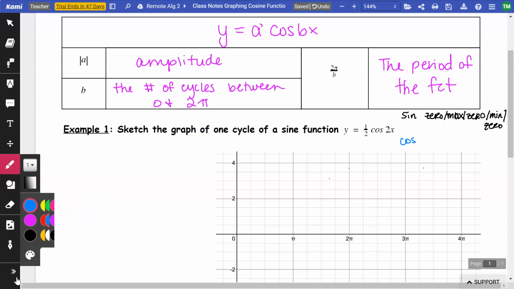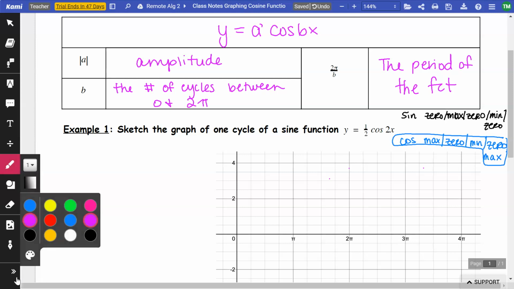So cosine functions actually start with their maximum or minimum, then they go to a 0, then they go to a minimum or a maximum, depending on whether or not it's being reflected over the x-axis. Then it goes to another 0, and then back to a maximum. So this would change if it was being reflected over the x-axis. It would start with a minimum, 0, then a maximum, 0, then a minimum. So we're going to look for these 5 points to help us graph.